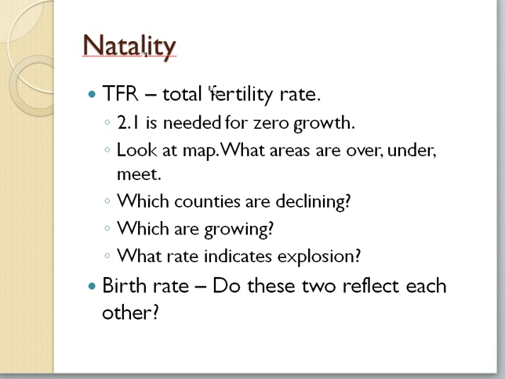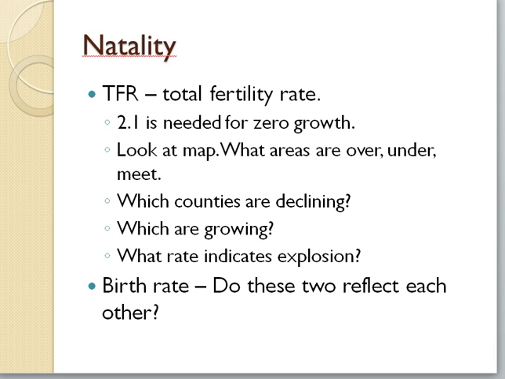So we can break these down into mortality and natality. The natality, or the birth-related indicators that we often compare, are birth rate and the total fertility rate. The total fertility rate indicates the average number of children a woman will have in her reproductive years.